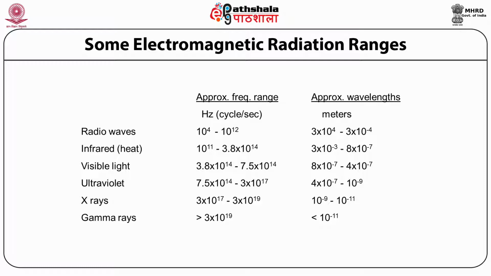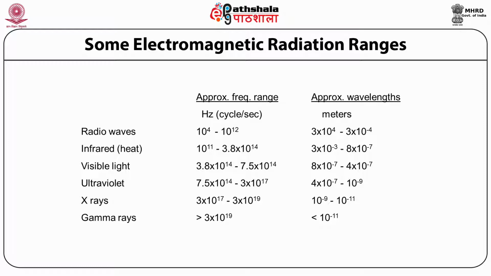Infrared has a frequency in the range of 10 to the power 11 to 10 to the power 14, and its wavelength ranges from 10 to the power minus 3 to 10 to the power minus 7. Visible light has a very high frequency, in the range of 3.8 into 10 to the power 14 to 7.5 into 10 to the power 14, and its wavelength ranges from 8 into 10 to the power minus 7 to 4 into 10 to the power minus 7.